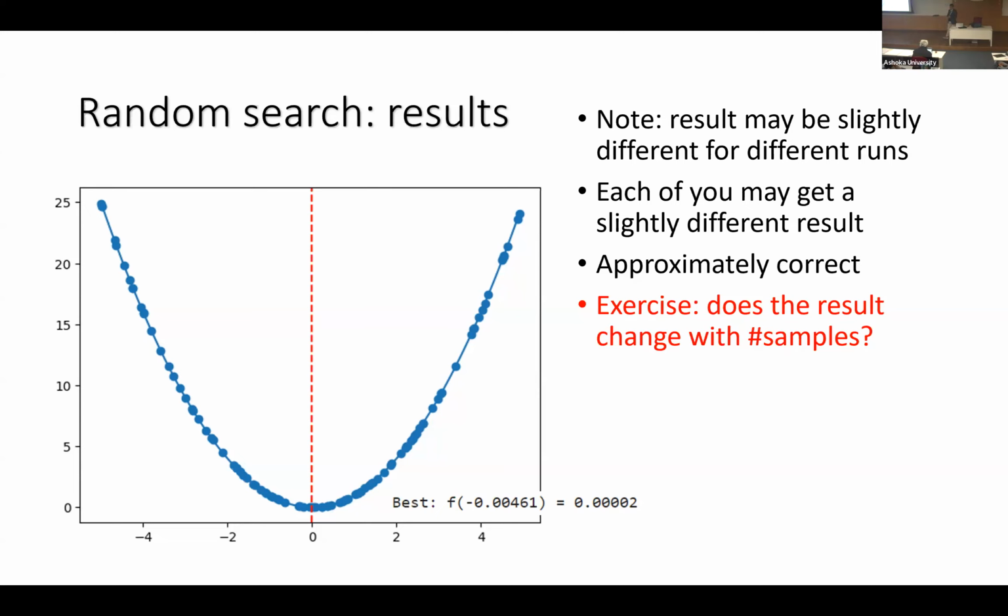So for example, if I make the number of samples 10 times, what will be the impact on the result? So please think about it, and we'll revisit maybe tomorrow. What will be the impact on the result if I increase the number of samples, say 10 times? Will it become more accurate or not?